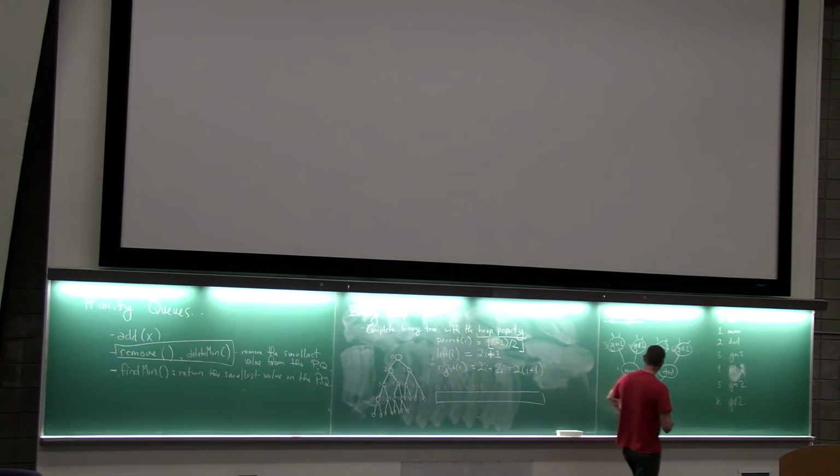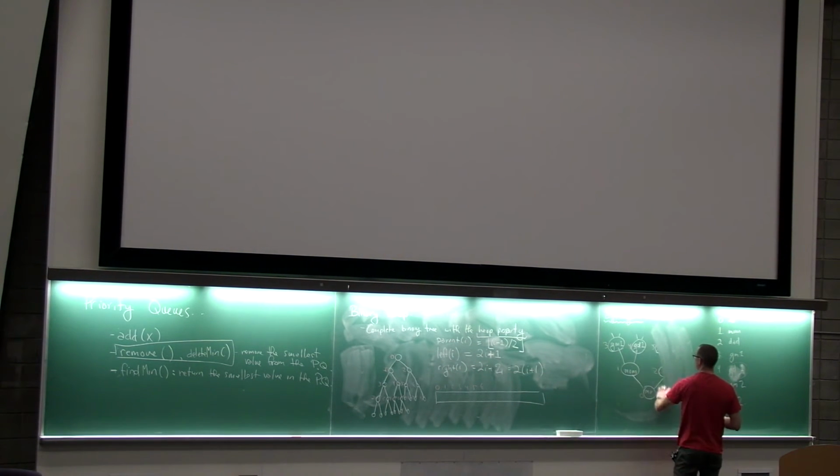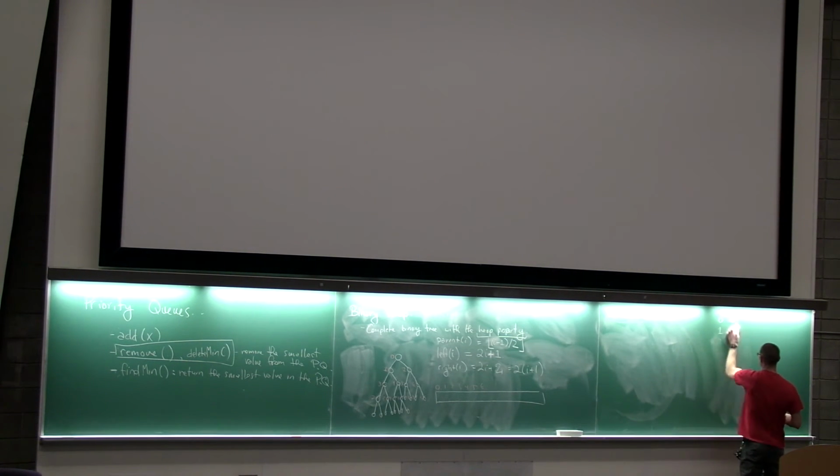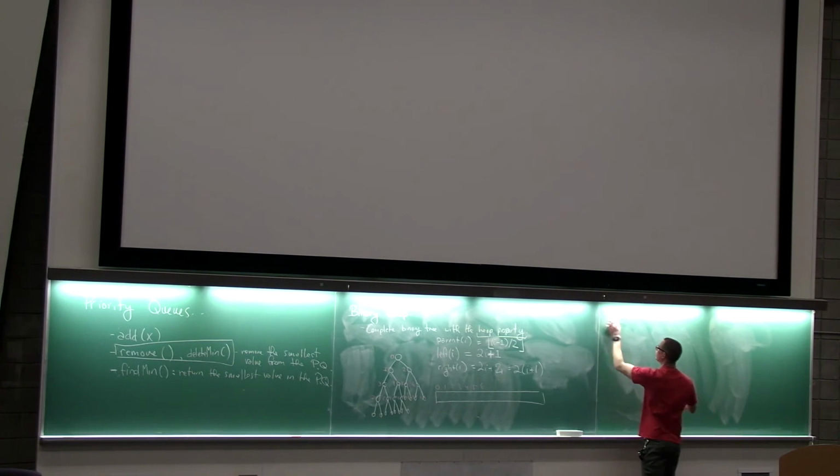So conceptually, this thing is a binary tree, but in actuality, it's an array. So let's draw one of these things.